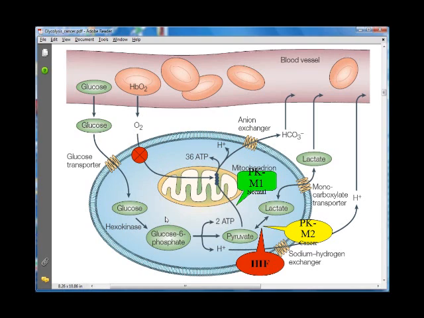So in this case, it will create another molecular switch called HIF, hypoxia-induced factor. This protein will do a lot more bad things to the cancer cell and make it grow faster, splitting 1 to 2, 2 to 4, 4 to 8, 8 to 16. It will grow extremely fast.